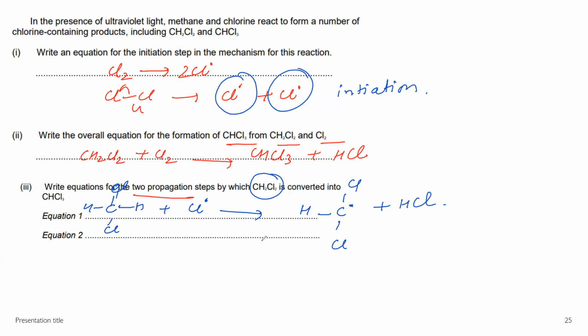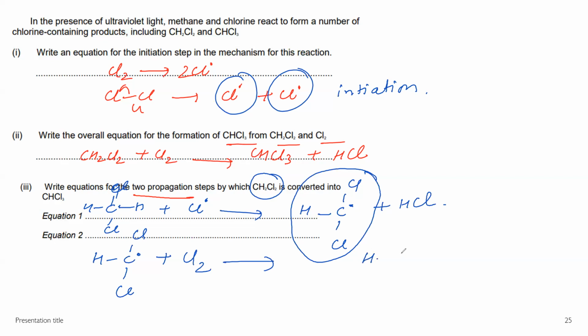So we have to tell them in two equations. The first reaction would be this. So the second reaction would be, taking this as a radical, this radical will react with Cl2 to form CHCl3 plus Cl radical.